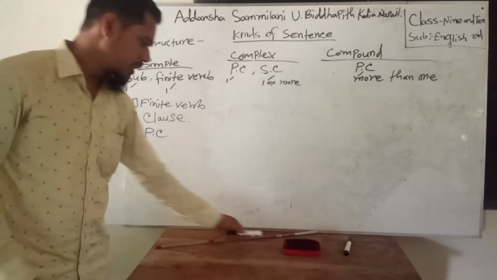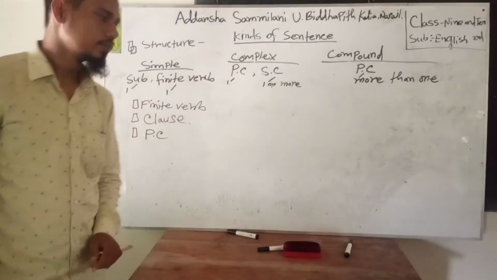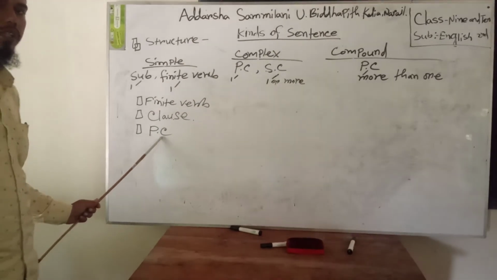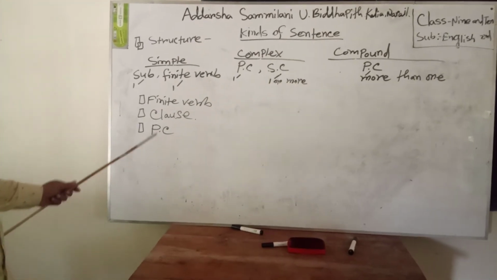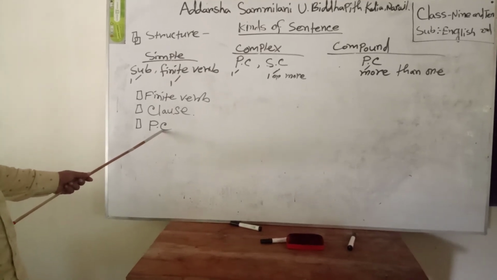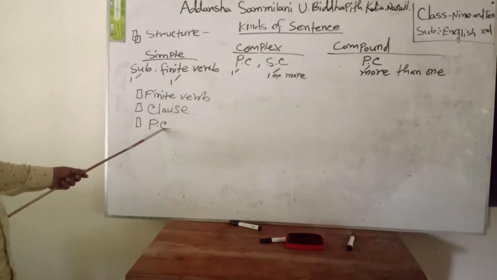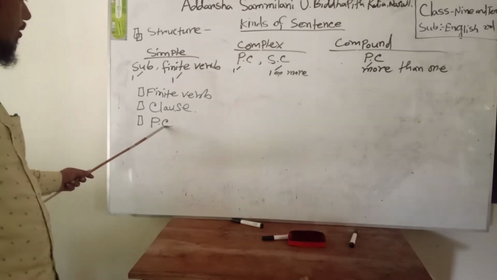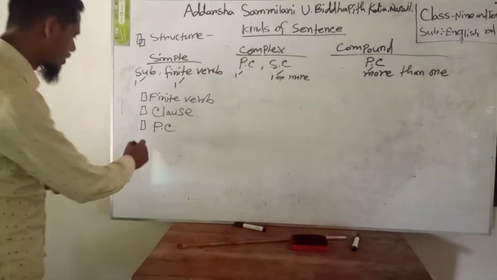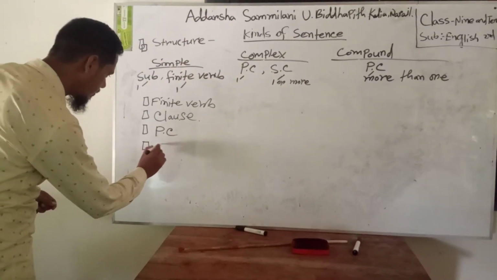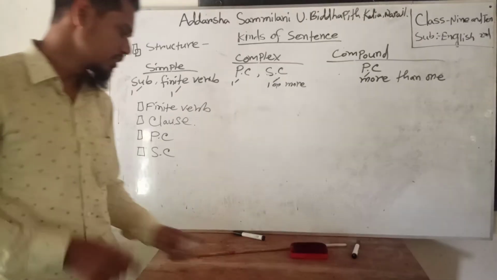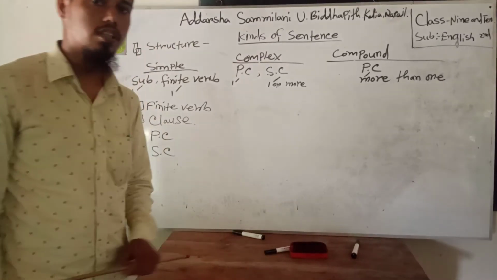We say PC, that means principal clause. What is principal clause? A principal clause is a clause that does not depend on subordinate clause to complete its own meaning, and SC, that means subordinate clause.